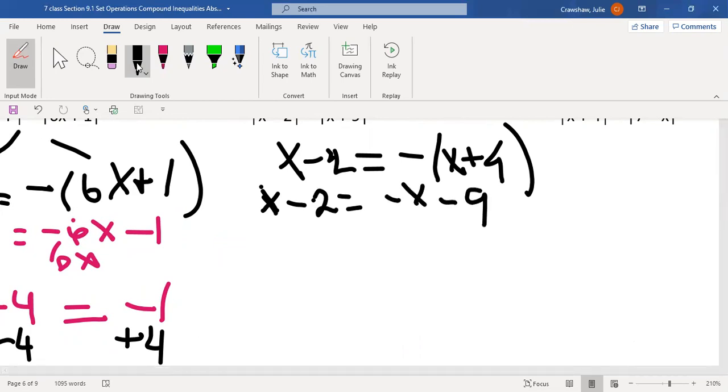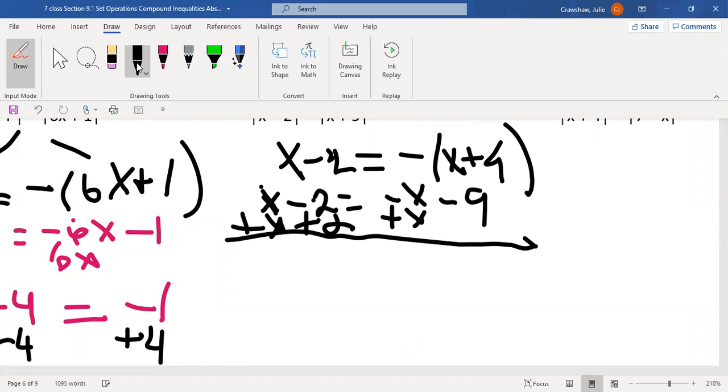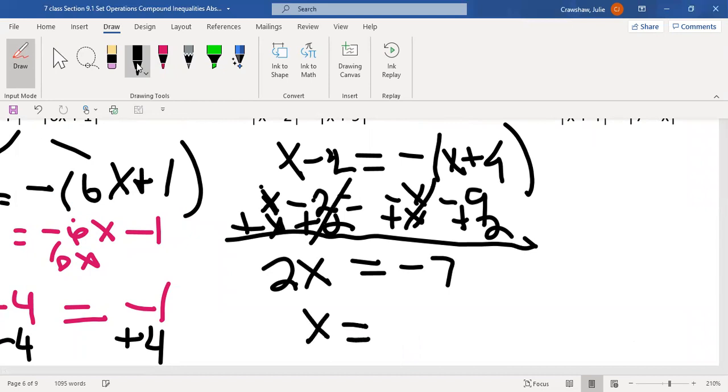Now I'm going to add x to both sides, and I'm going to add the 2 to get the constants on the other side. So I get 2x equals negative 7. And so then I'm going to divide by 2, and I get x equals negative 7/2. So that's one answer. Now I have to go down and do the other equation.